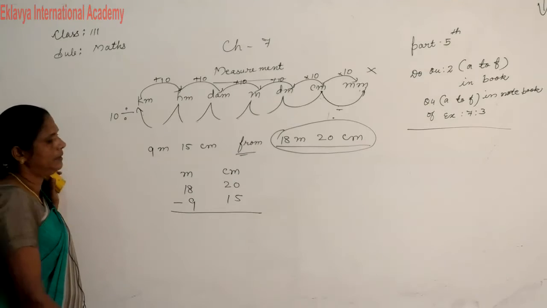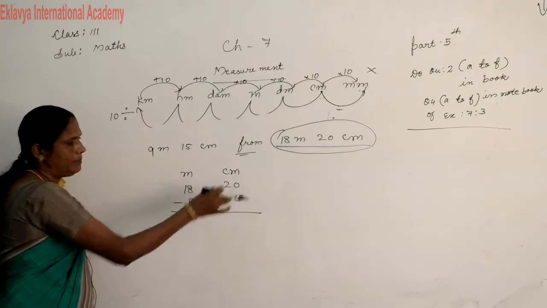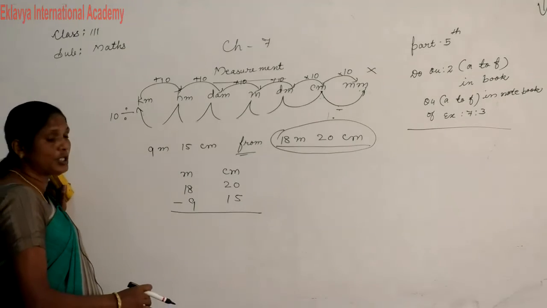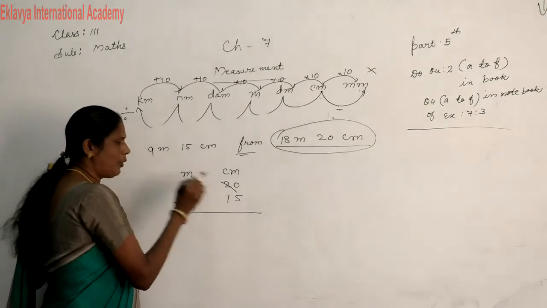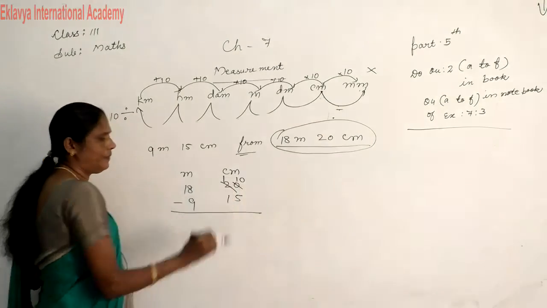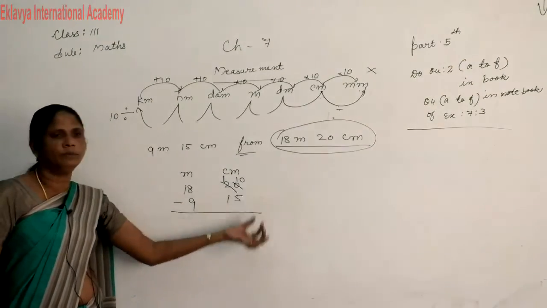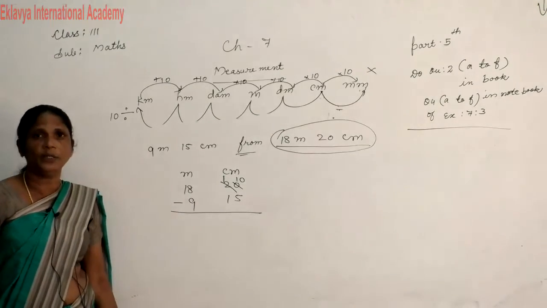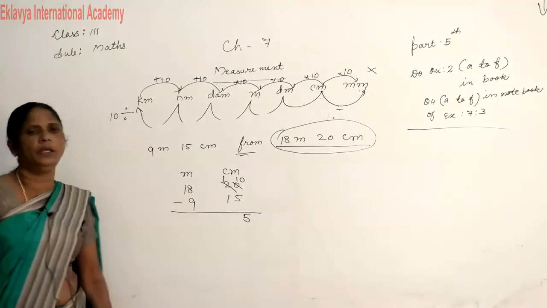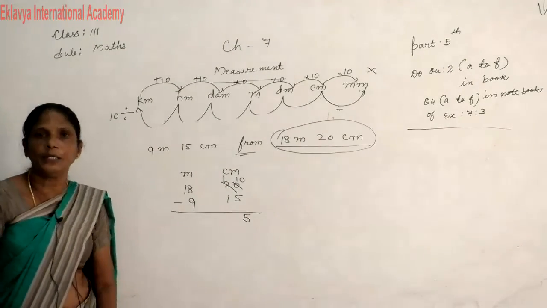Now listen. 5 take out from 0, is this possible? No, this is not possible. We take a borrow. This becomes 1, this becomes 10. Now 5 take away from 10. Is this possible now? Yes. We get 5. Then 1 take away from 1, you get 0.